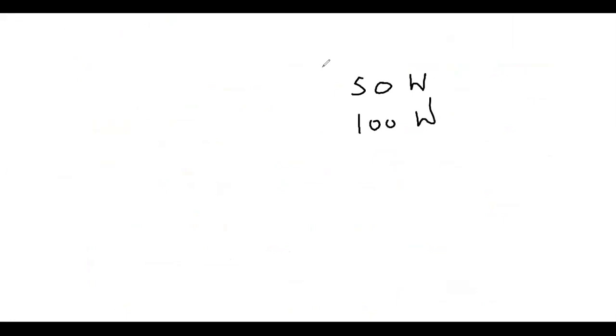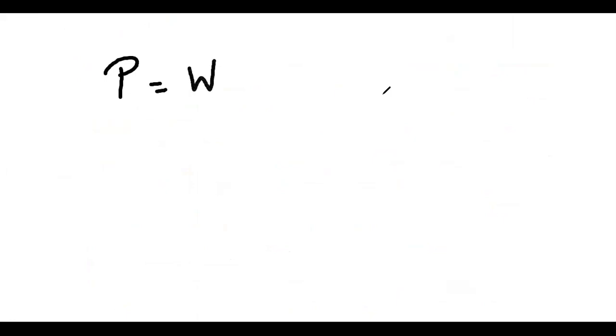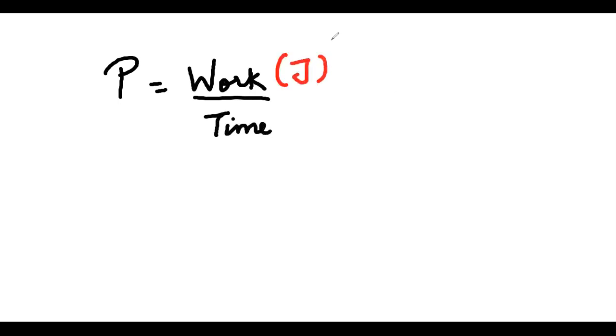So power is actually equal to work done upon time, and the SI unit of work is joules while time is measured in seconds. So if I want to define watt, that is SI unit of power.